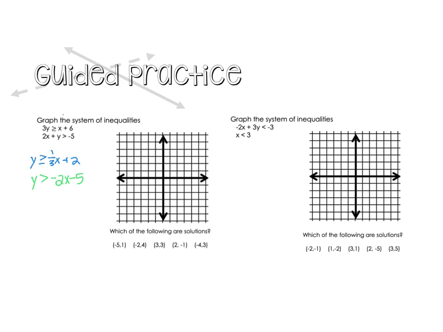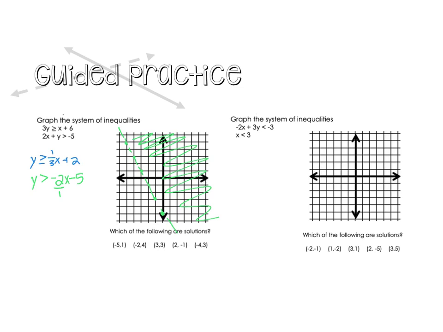So when I graph those, I'll start at the y-intercept and I will use the slope. So this one would be negative 2/1. And that's going to be a dotted line. Now because y is greater than, I'm going to shade above.